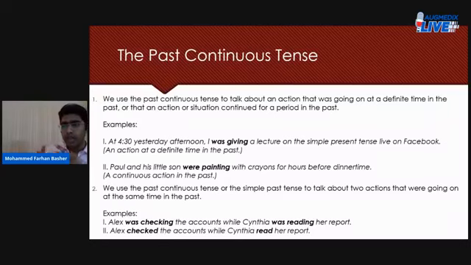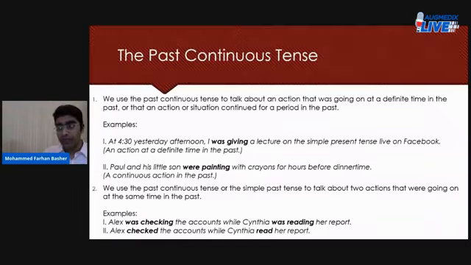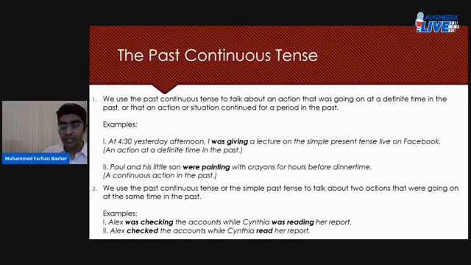Okay. Number two, example number two under rule number one. Paul and his little son were painting with crayons for hours before dinner time. So what's happening in this case?